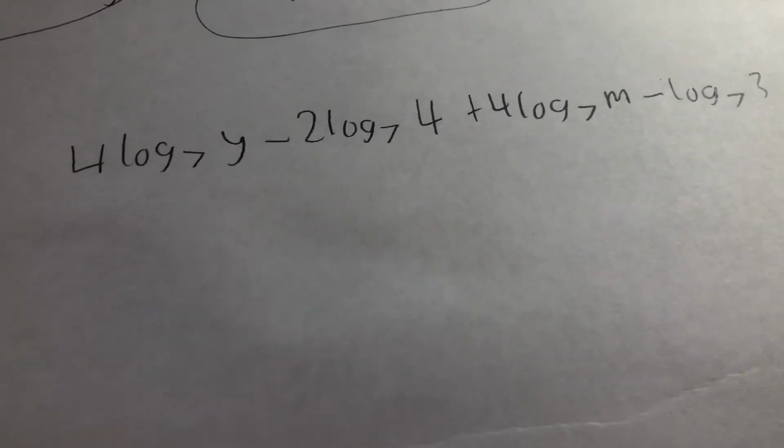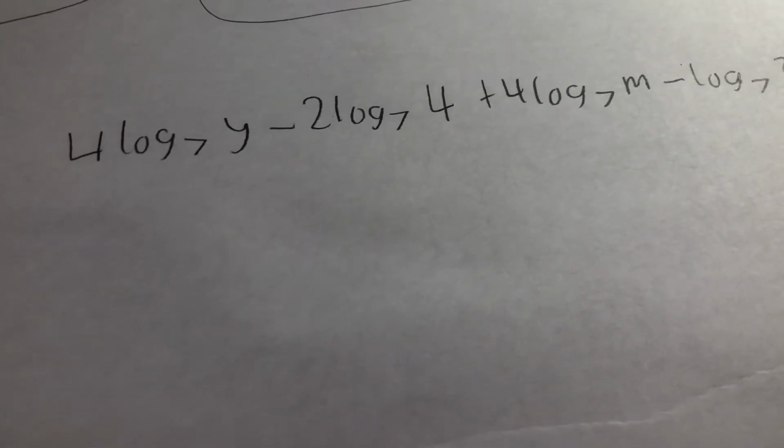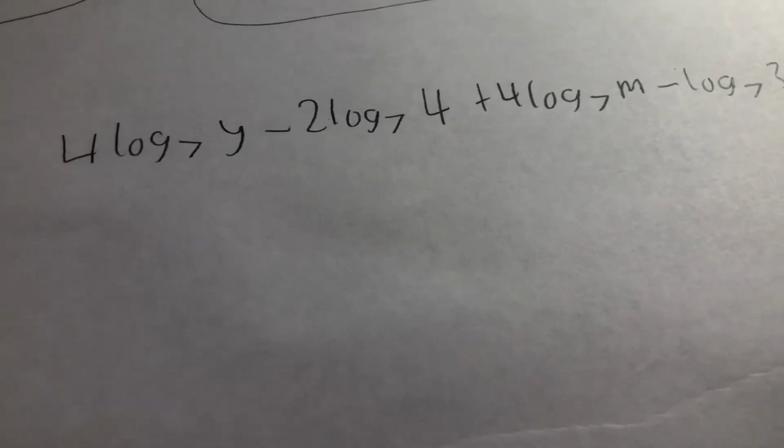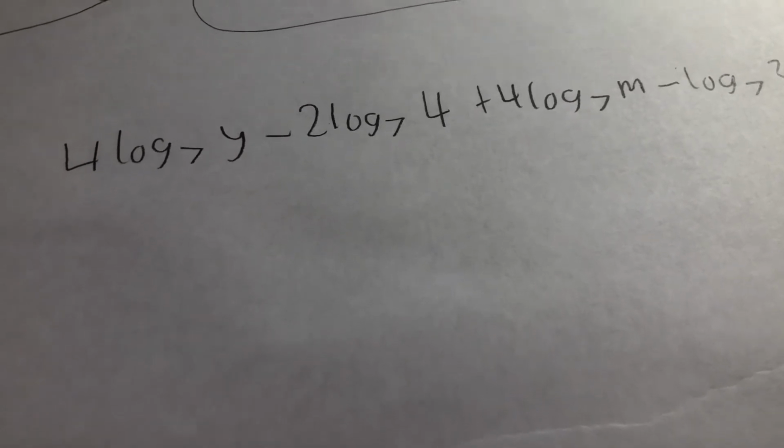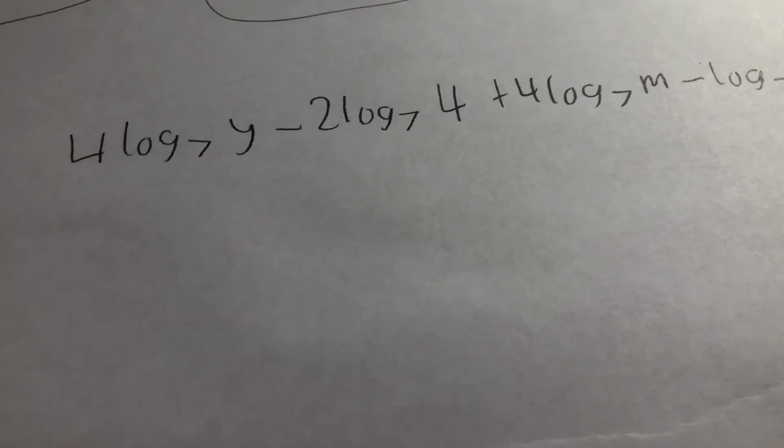Now, as you can see, this is a pretty lengthy problem. But to make it a little easier, we're going to categorize these. How are we going to categorize them? We're going to separate them into top and bottom for the fraction.